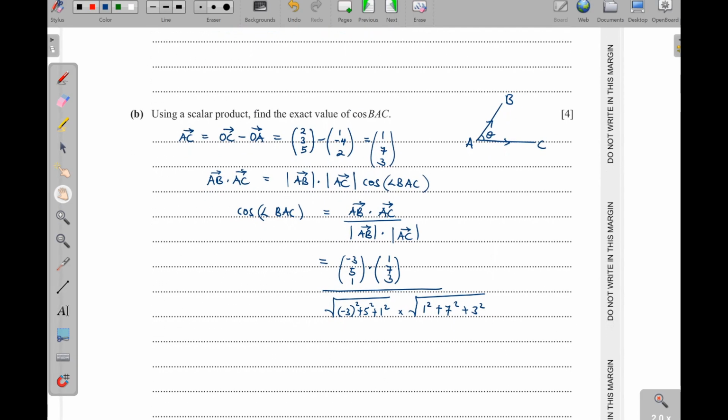All right. Now, scalar product, you have -3 times 1, then 5 times 7, then 1 times 3. Then divide by, what do we have here? 9 plus 25, that is 34, plus 1, 35. And then here, 49, 59.